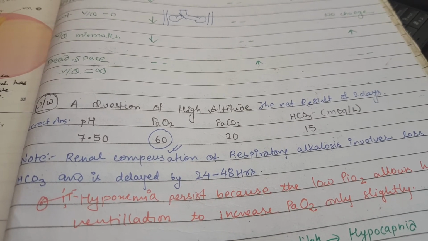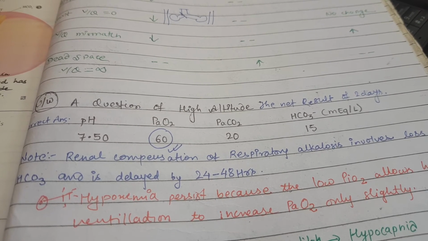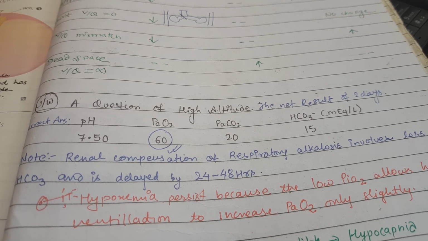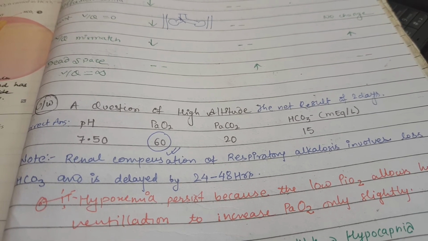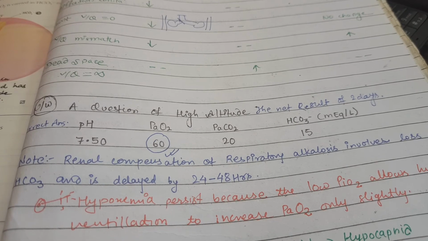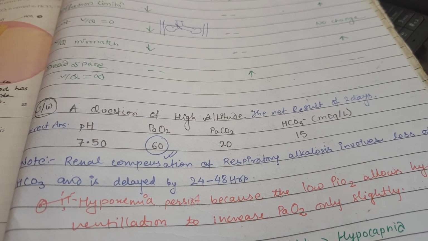Because of the hyperventilation. Okay, is bicarbonate increasing or decreasing? Decreased. Why? Because renal compensation has started working, because the time frame is 2 days. Remember that renal compensation starts working during 24 to 48 hours.